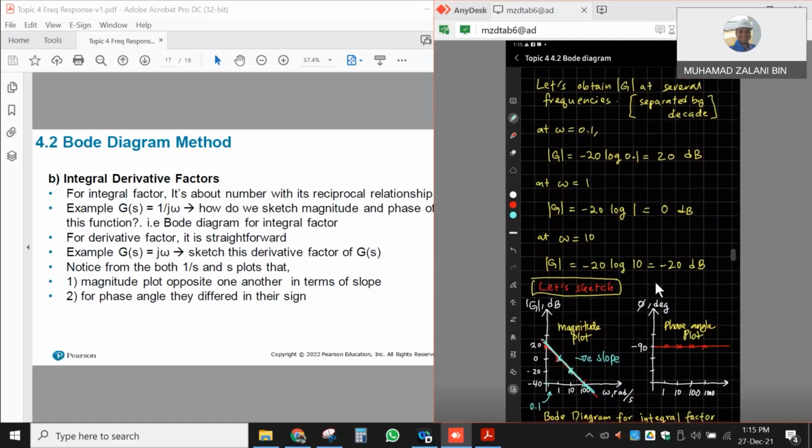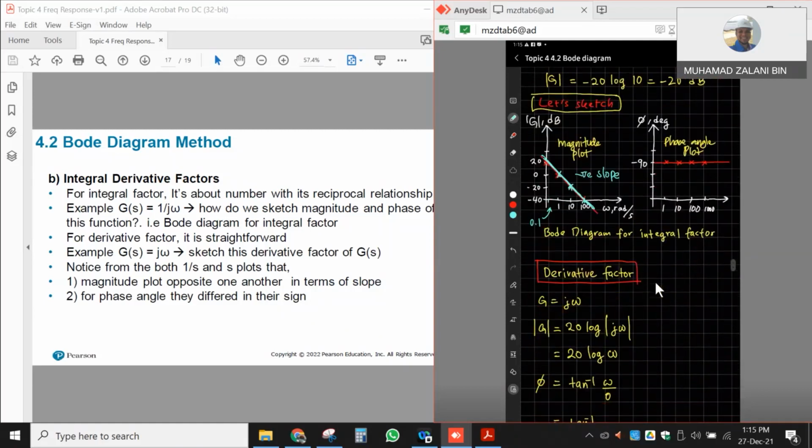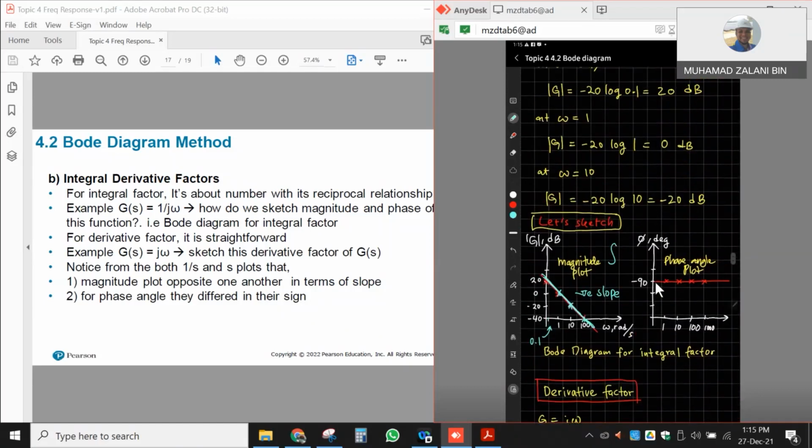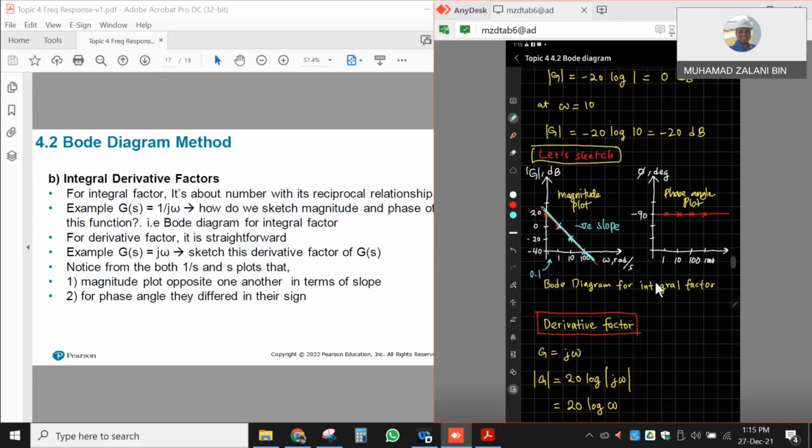This is the plot of the magnitude for the integral factor. The integral factor is 1 over s, and the derivative factor is s. So in the Bode diagram for the magnitude of the integral factor, we get this negative slope.